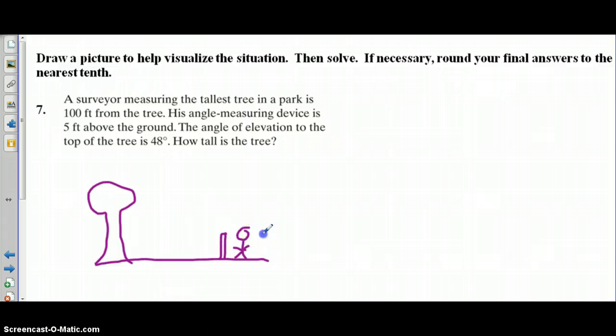And so that has a height of 5 feet. And again, the person is 100 feet from the tree.